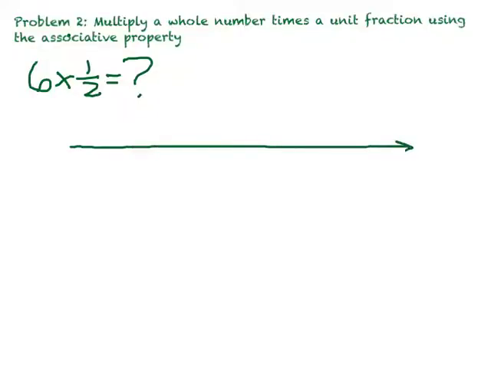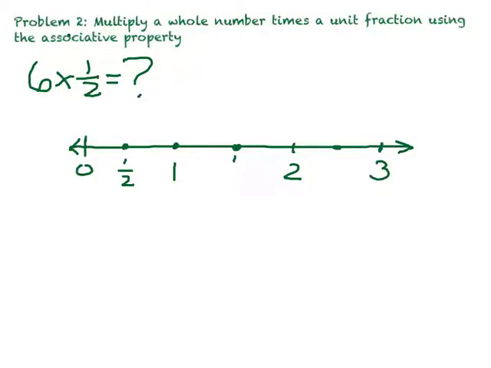We know that we're going to have 6 halves. So we're going to start with 0. Here's 1/2. Here is 1. Here is another half. This is 2. Here's another half. And this is 3.